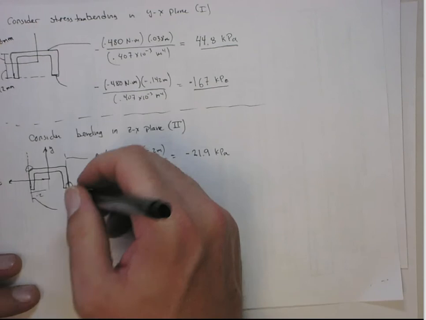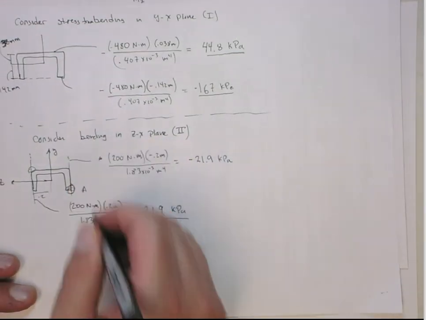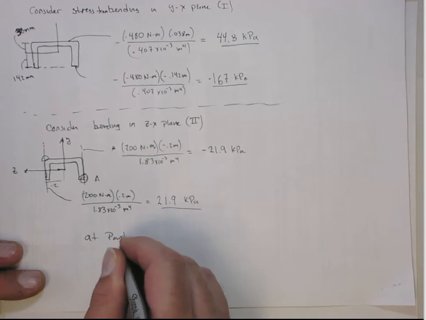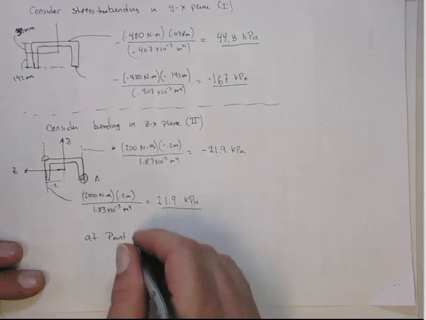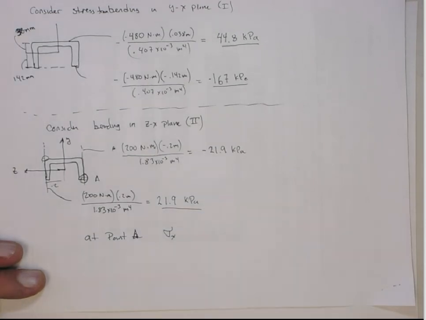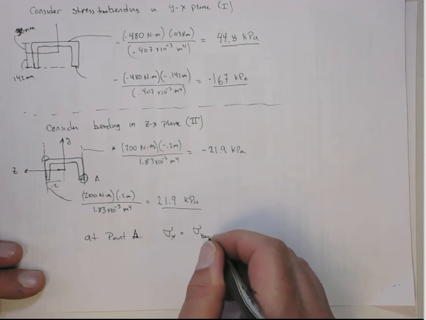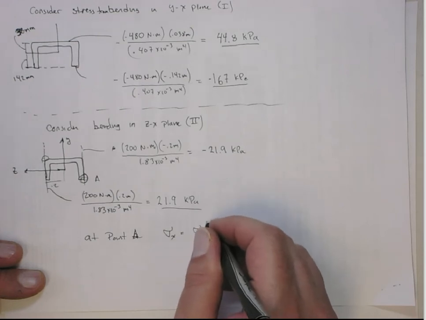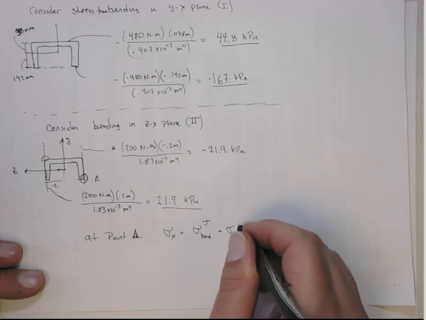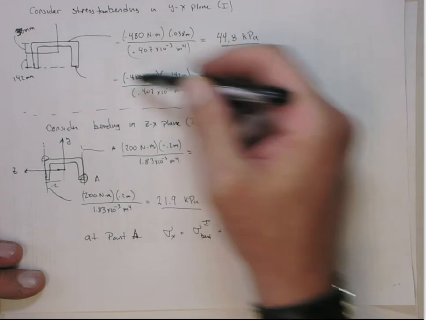So at this point here, that's point A, right? Let's first look at point A. The sigma x normal stress is going to be the bending stress from the first mode plus the bending stress from the second mode. Now at A, from the first mode, that's this point here.